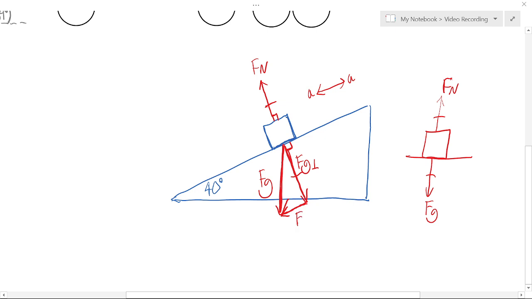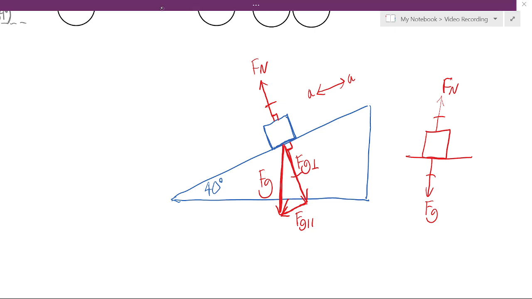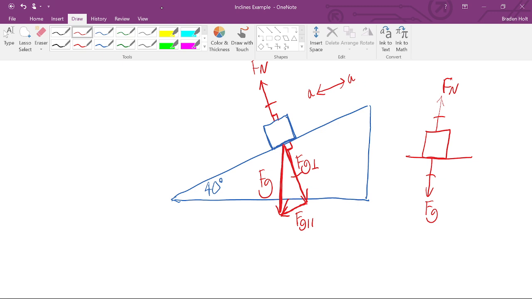But gravity in every inclined problem tries to pull the object down the ramp. Now, this part of gravity we call Fg parallel because it's parallel to the ramp. And this part of the gravitational force is trying to accelerate the object down the ramp.